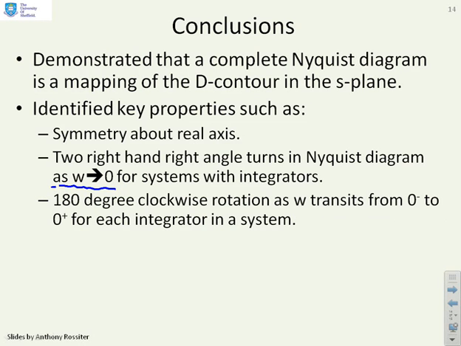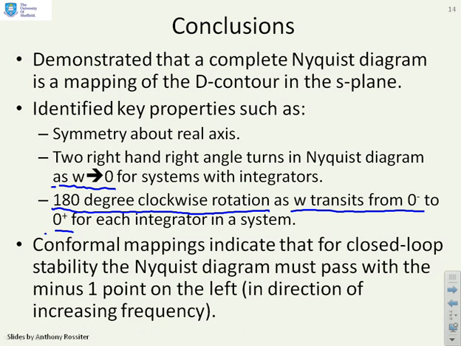And similarly for systems with integrators, there's a 180-degree clockwise rotation as omega transits from 0- to 0+ for each integrator in the system. Now, conformal mappings also indicate that for closed-loop stability, the Nyquist diagram must pass with the -1 point on the left, and that's marked in the direction of increasing frequency.